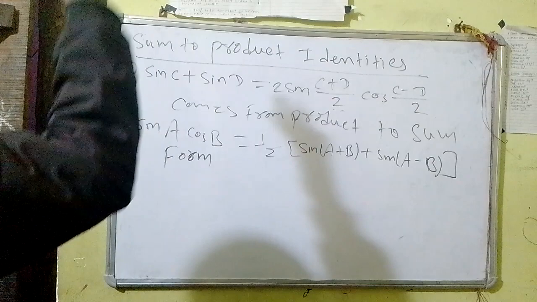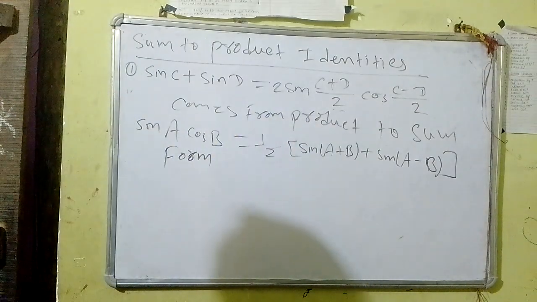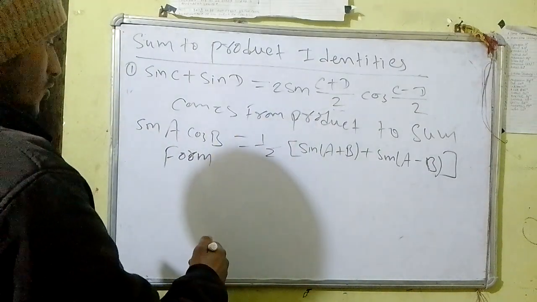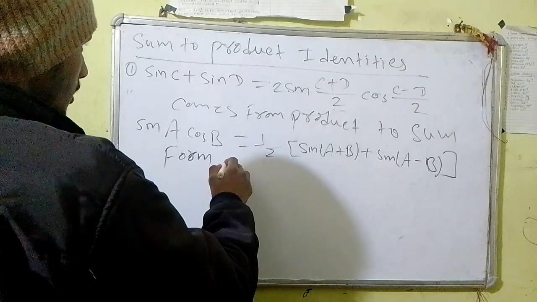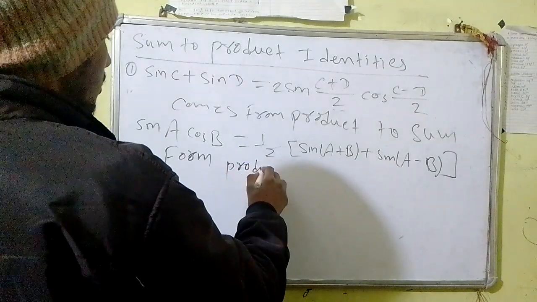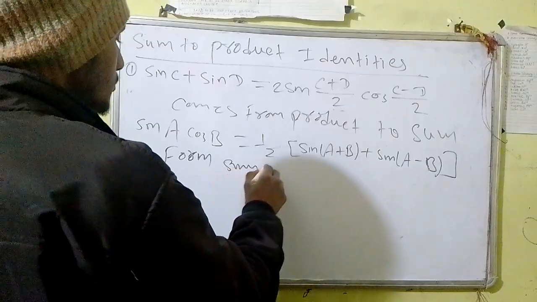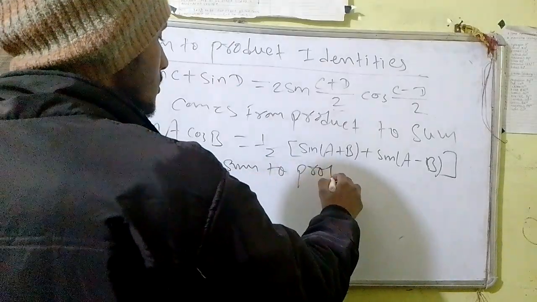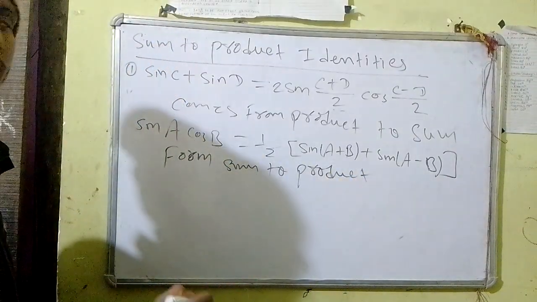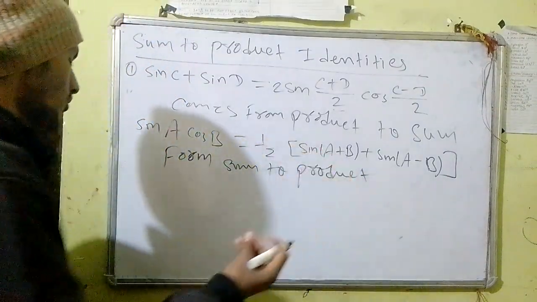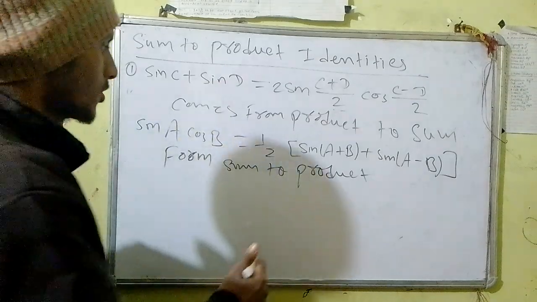From sum, we are interested in writing in product form. So we want to form sum to product. How does it look if you do it from sum to product?